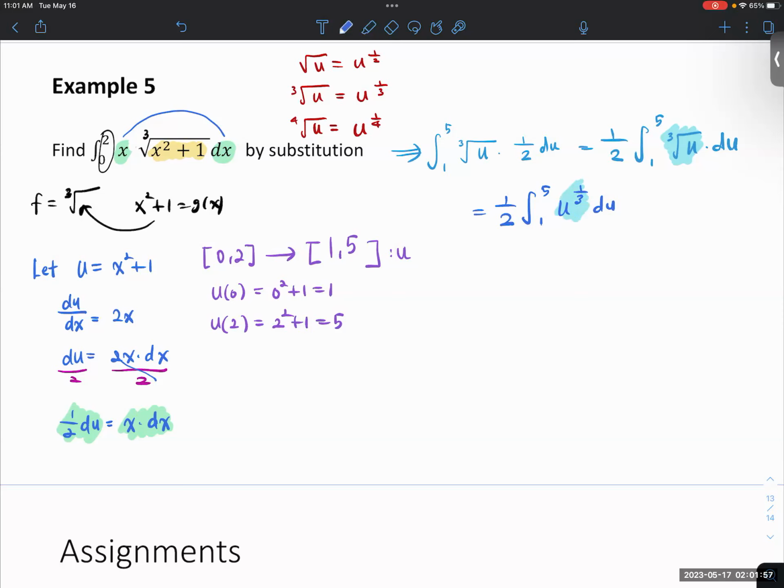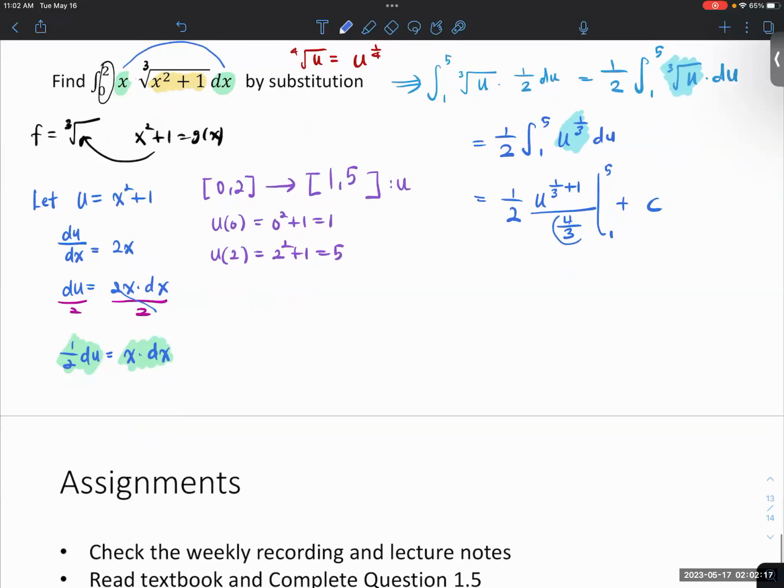So now I can take the integral. We're going to take the integral: 1 over 2, u to the 1 over 3 plus 1, divided by that summation, which is 4 over 3, plus c. And here is 1 to 5. I can flip this one. So 1 over 2 times 3 over 4 and u to the 4 over 3, from 1 to 5.